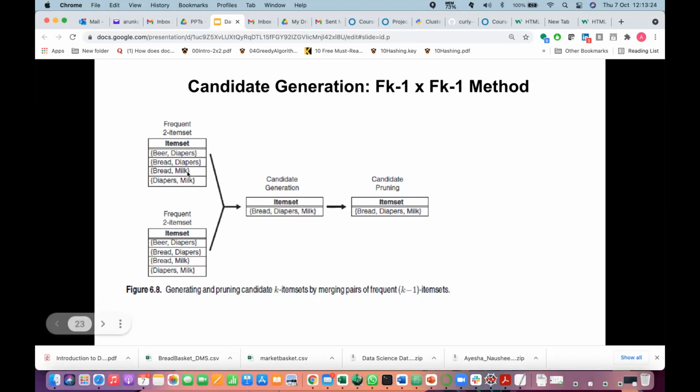Then if you take bread milk, bread milk diapers has already come, so we cannot get anything here. And diapers is the same, but milk is the same, so only one set you are getting here. So another way of joining is: you take the Fk minus 1 item sets and join only those items which differ at the last position.